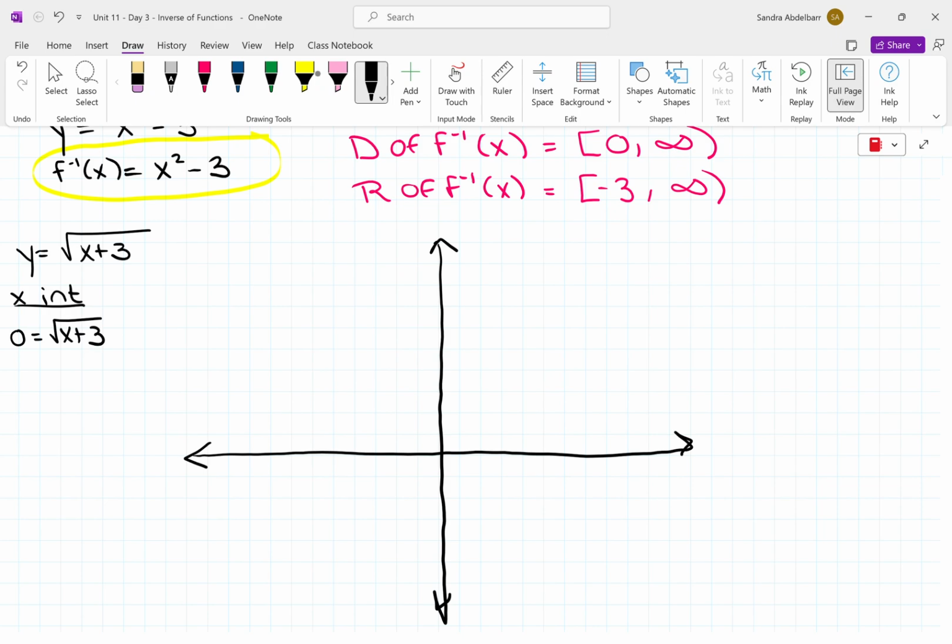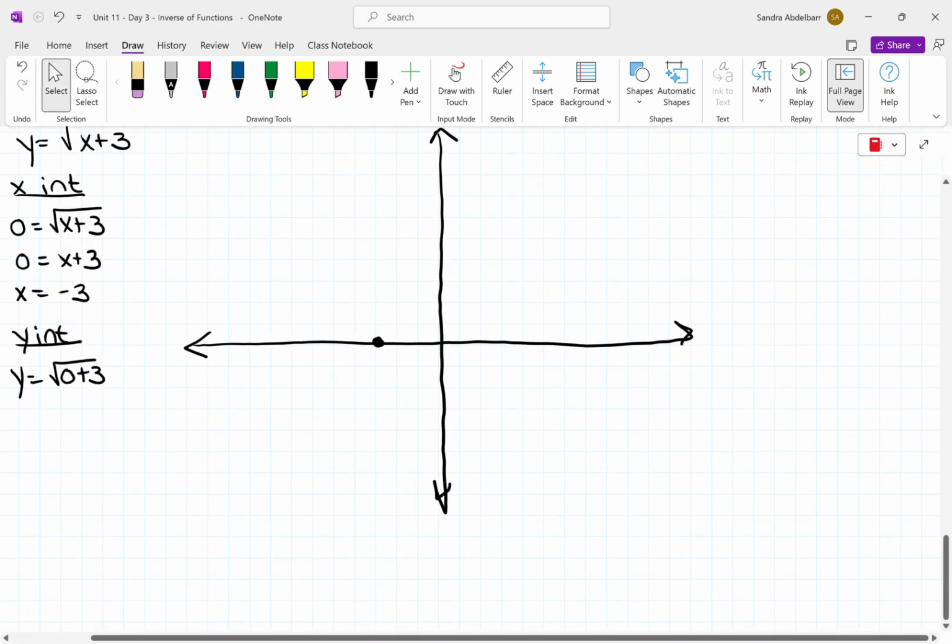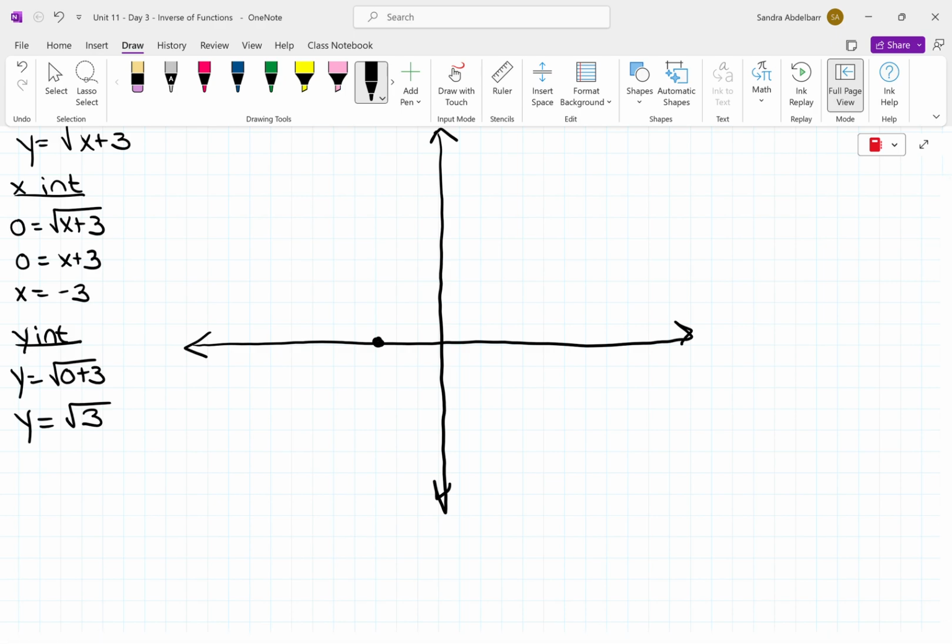For the x-intercept, we let y equal 0, so 0 equals the root of x plus 3. Square both sides, we have 0 equals x plus 3, so x will equal -3. Then I want us to find the y-intercept. So for the y-intercept, we let x equal 0. So y equals the root of 3.